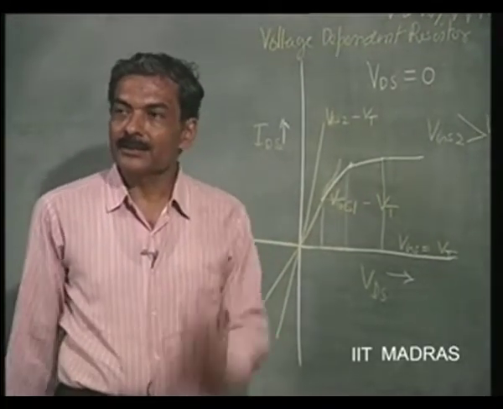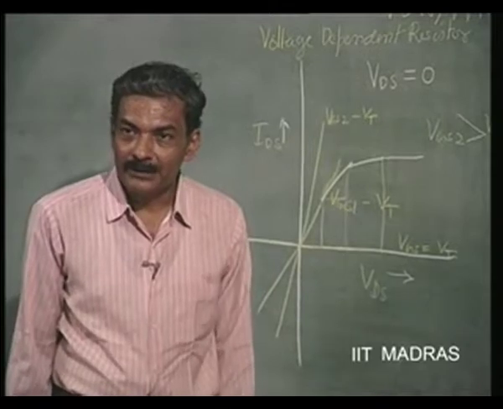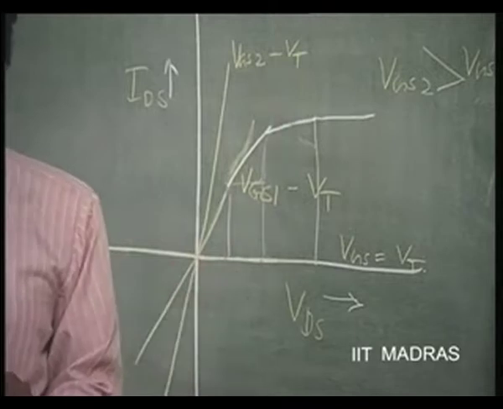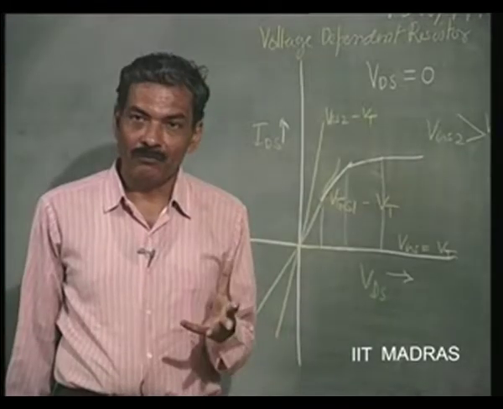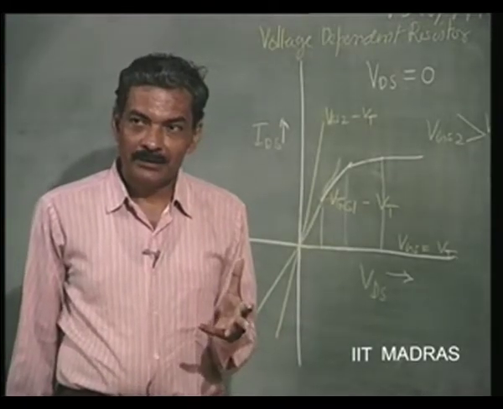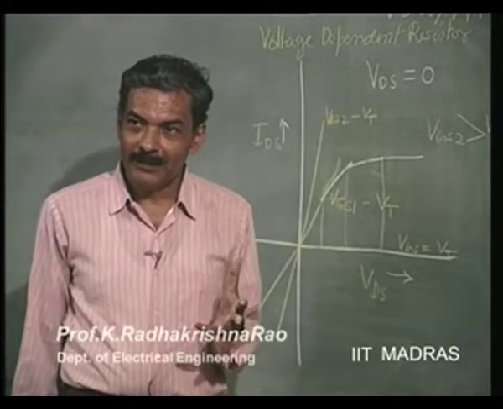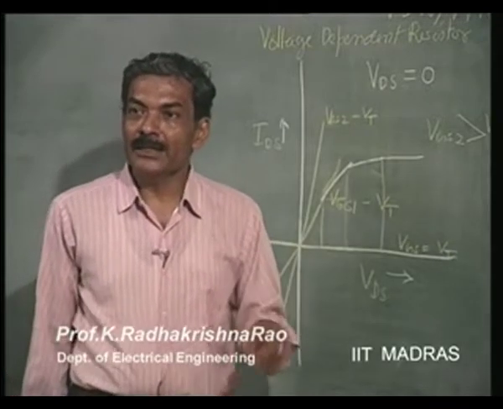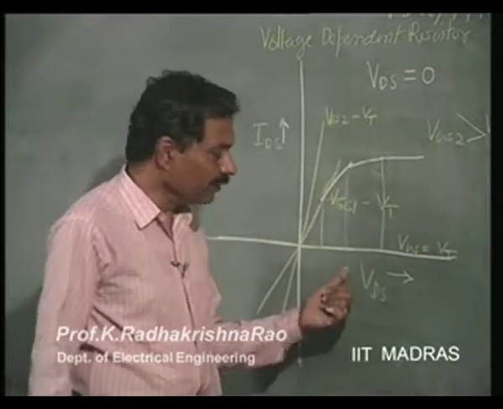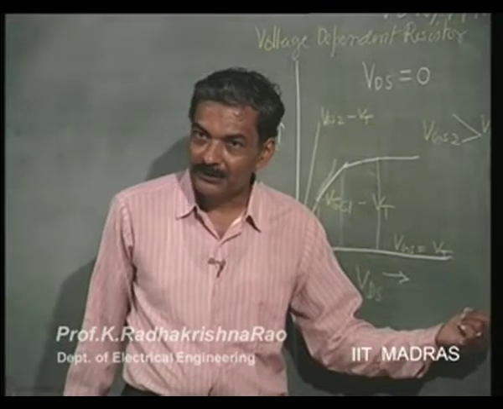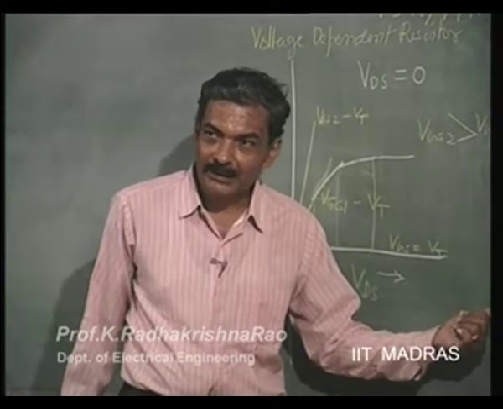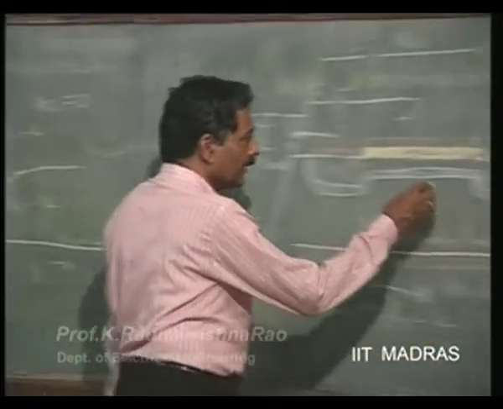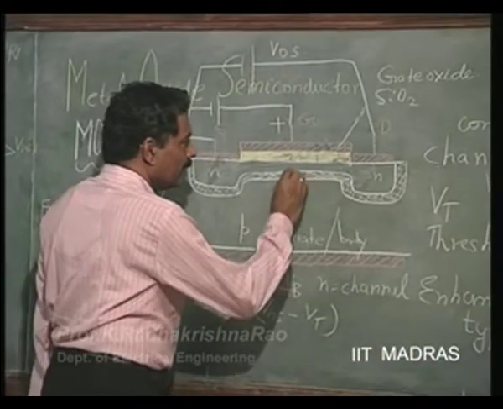The incremental resistance there is infinity, the slope is 0. This is what is meant by pinch off. When the channel is getting pinched off, it will sustain a current, but it will not cause further incremental change in current for an incremental change in voltage. That is how we have to understand this pinching off. So, this particular thing will cover itself completely here.